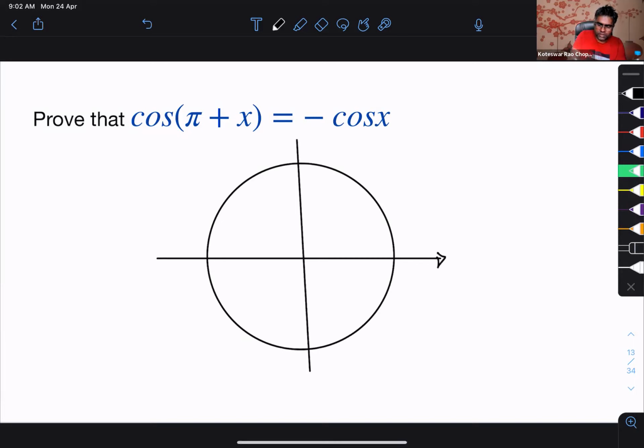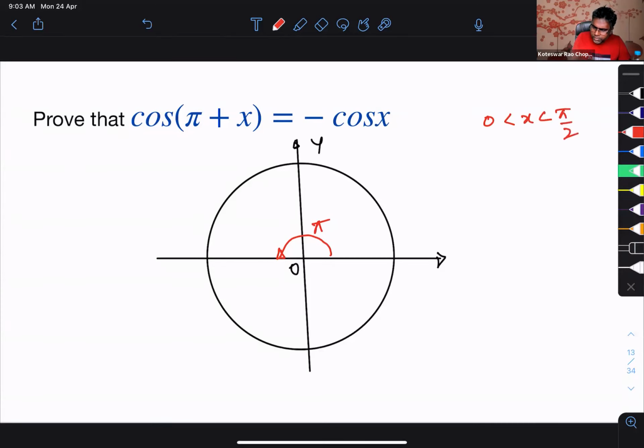This is X, Y, O. Now, first we are moving, let's say pi radians, and then plus X. So we are continuing our rotation in the counterclockwise direction. Again, I am assuming that my X is acute, so it's between 0 and pi by 2.